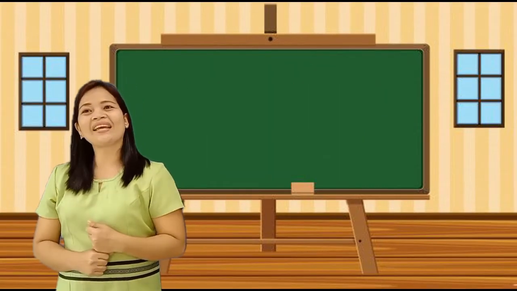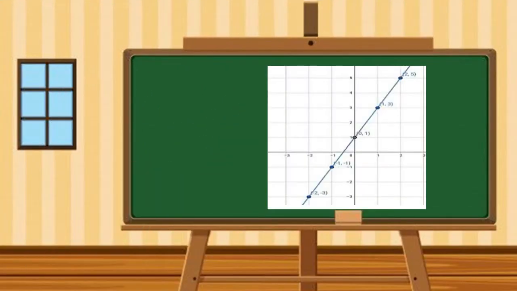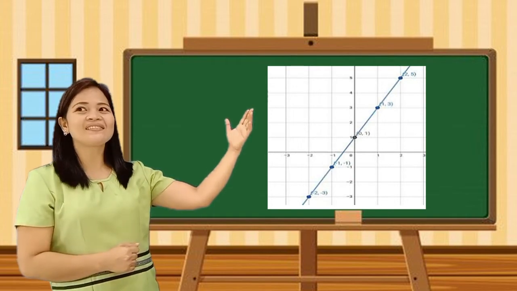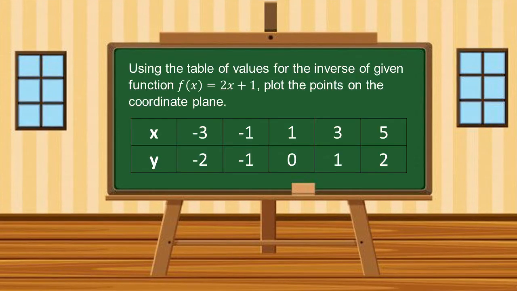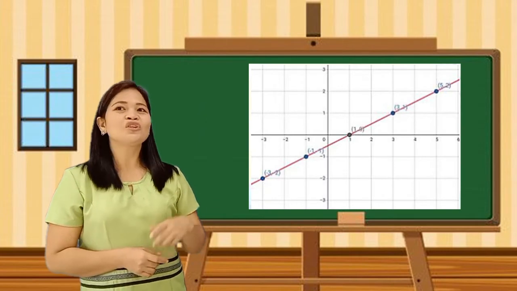Were you able to get a graph which looks like this? If yes, then you got it correctly. Now, using the table of values for the inverse of the given function f of x equals 2x plus 1, plot the points on the coordinate plane. Your graph should look like this.